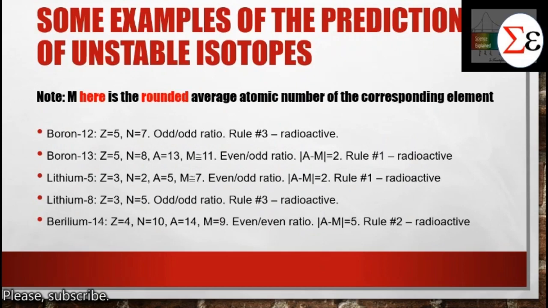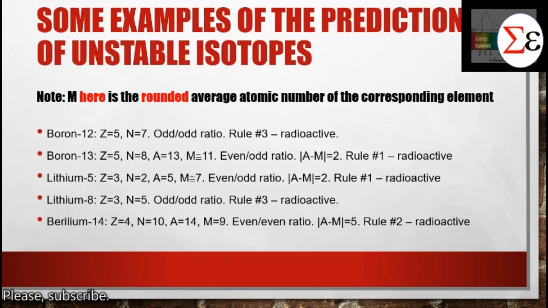Boron 13, Z5, N8, A13, it has a rounded atomic mass 11. It has a ratio N over Z, even over odd, where the modulus A minus M is 2, and it follows rule number 1, and it is radioactive.